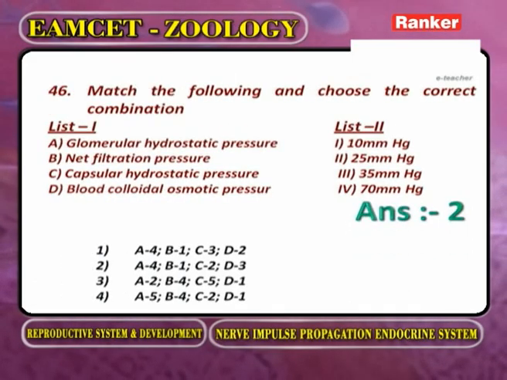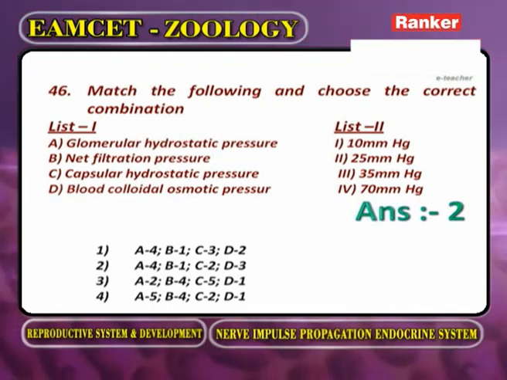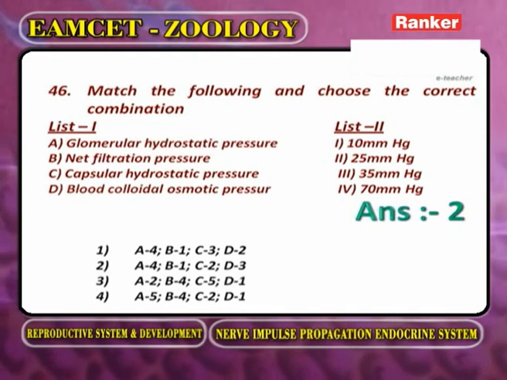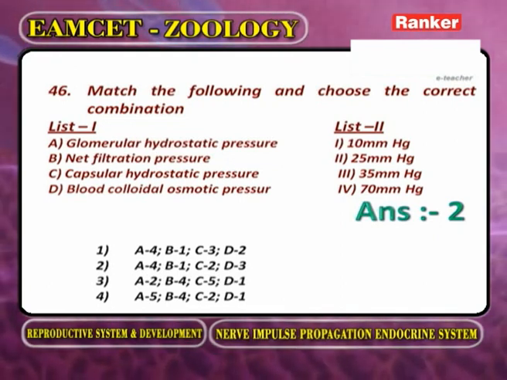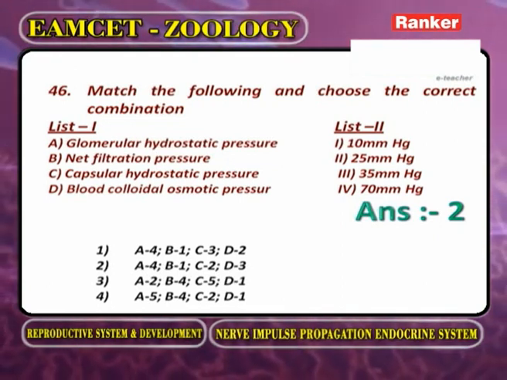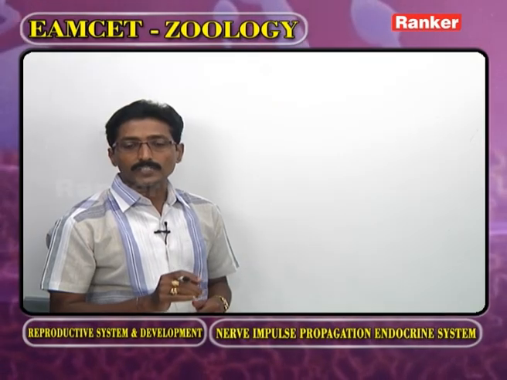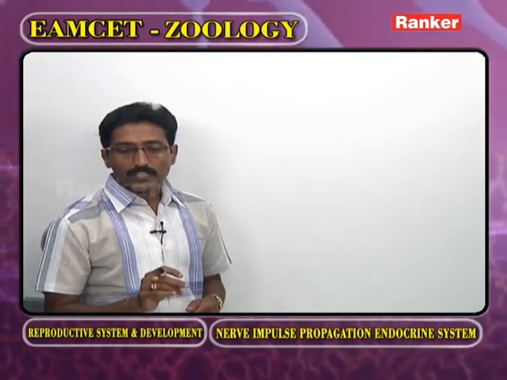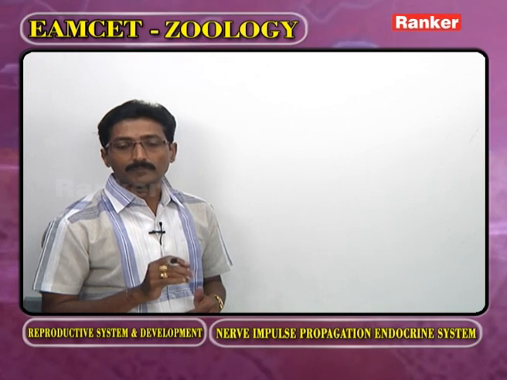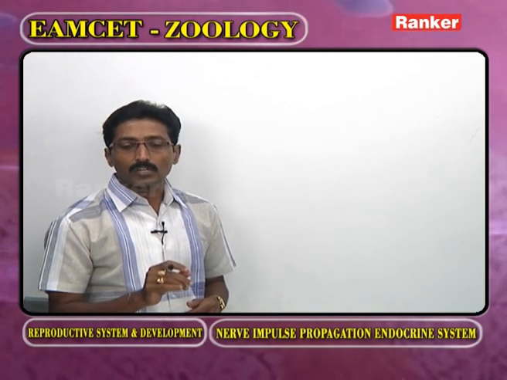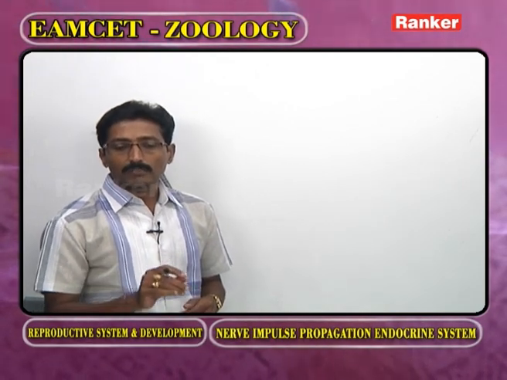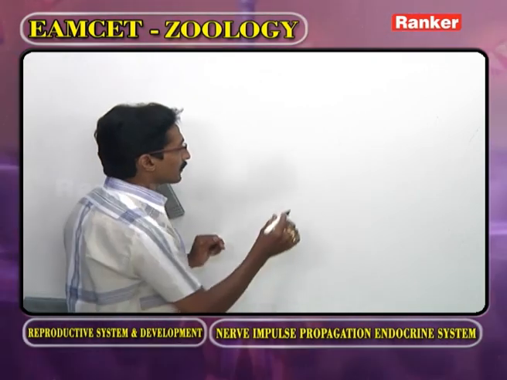Match the following and choose the correct combination. First you have to observe list 1 and list 2. The first one, glomerular hydrostatic pressure. The next ones are net filtration pressure, capsular hydrostatic pressure, blood colloidal osmotic pressure.